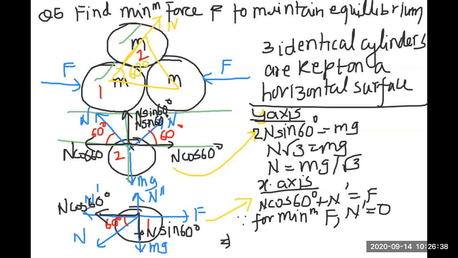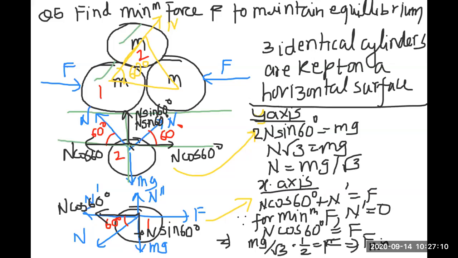This implies that n cos 60 is equal to f. n की वैल्यू है mg by root 3. cos 60 की वैल्यू है 1 by 2. सॉरी, mg मैंने पता नहीं क्यों लिख दिया, यहाँ पे आएगा f. So f minimum is equal to mg over 2 root 3.